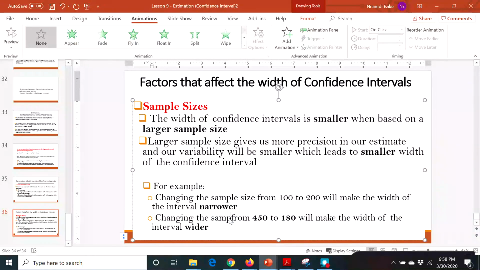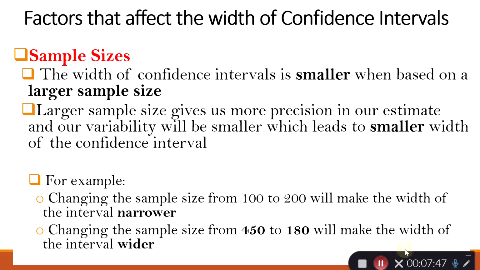So changing the sample size from 450 to 180 will make the width of the confidence interval wider, because of course we have less information here with 180 compared to 450. So if the sample size gets smaller, the width of the confidence interval will get wider. If the sample size gets larger, the width of the confidence interval will get narrower because we have more information about our statistic.